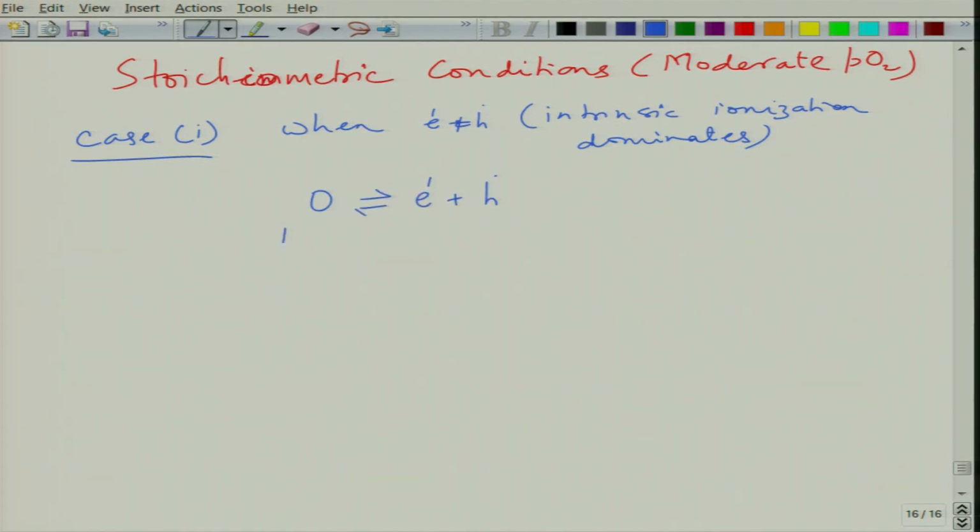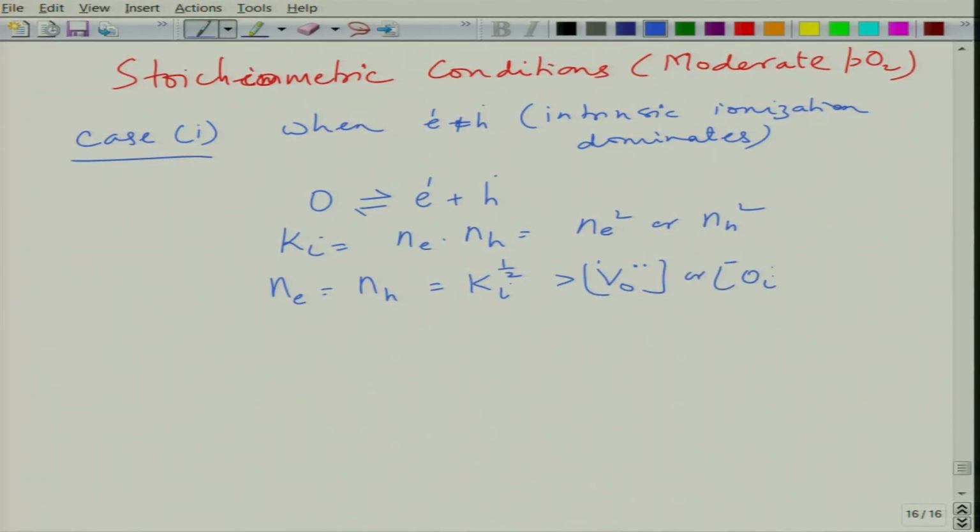We knew that this Ki is equal to Ne into Nh, which is equal to Ne square or Nh square under these conditions, that is the intermediate PO2. So, basically you can say that Ne is equal to Nh is equal to Ki to the power half, and this is greater than VO or OI.